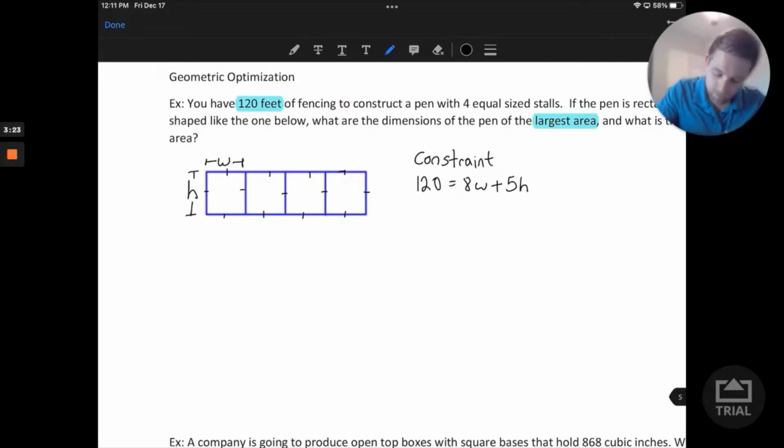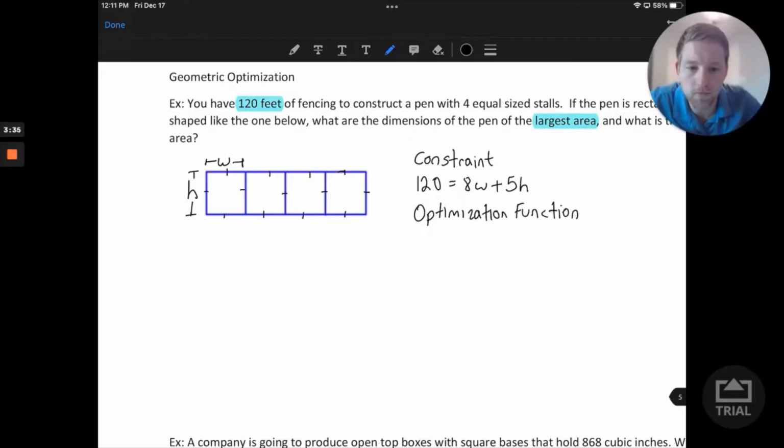What we want to optimize, we usually call the optimization function, is the area. If I consider the area of this whole pen, each of those 4 stalls makes up the whole pen.